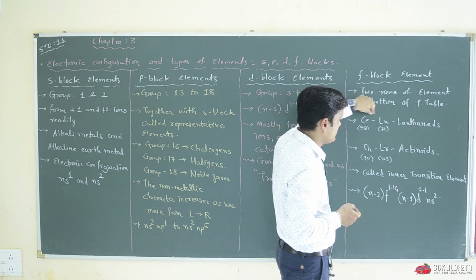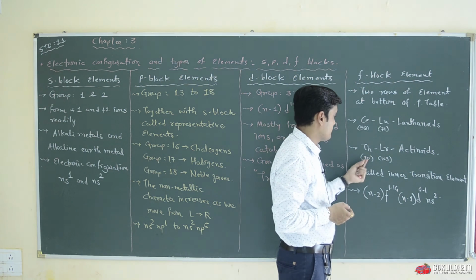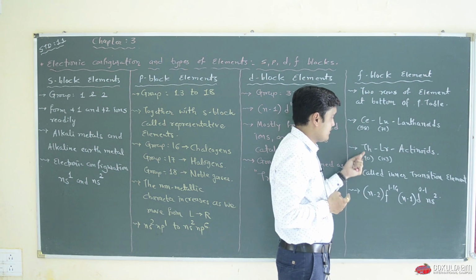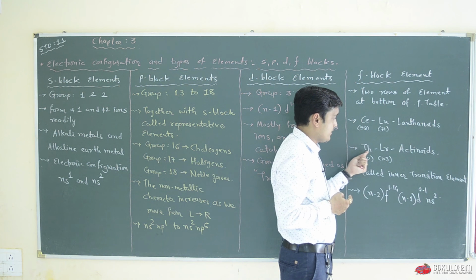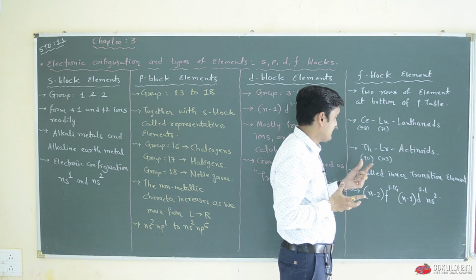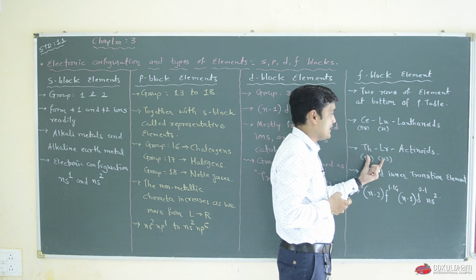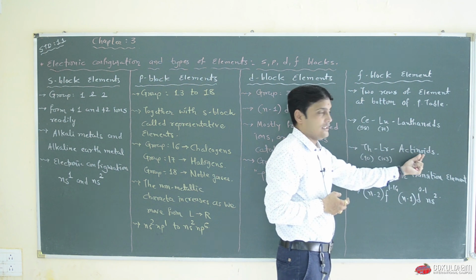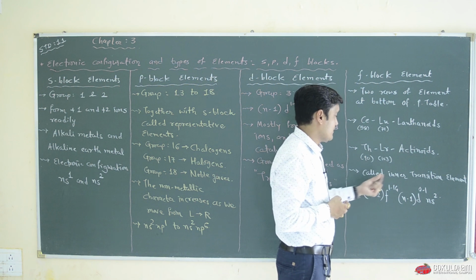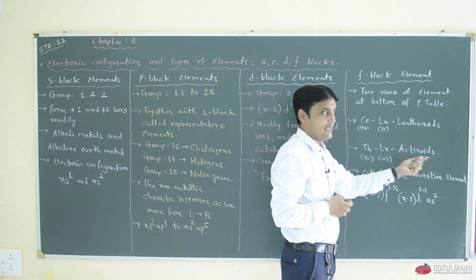This series is known as the lanthanoid series. And the second series, Th means thorium and Lr means lawrencium. Atomic number varies from 90 to 103. This second row is known as the actinoid series, and these elements are called inner transition elements.